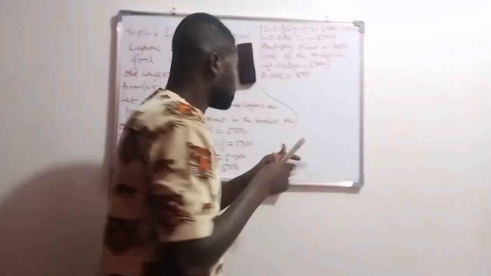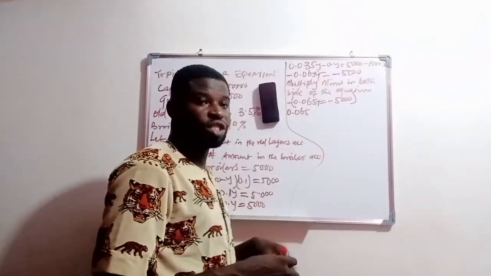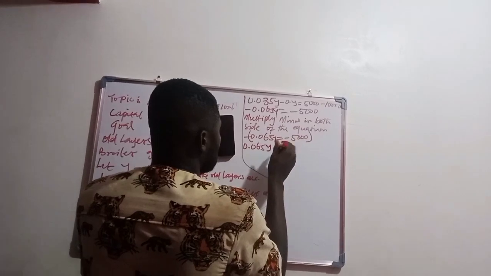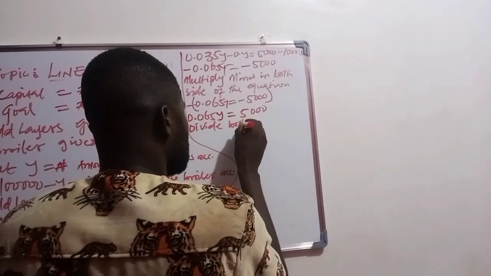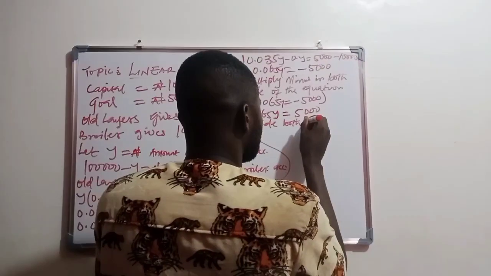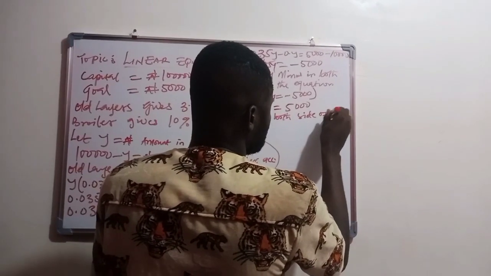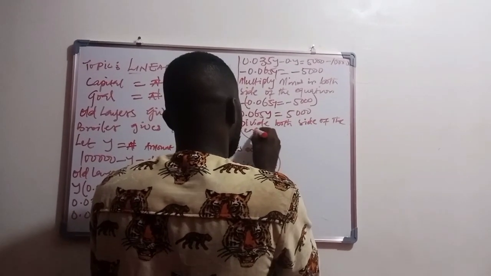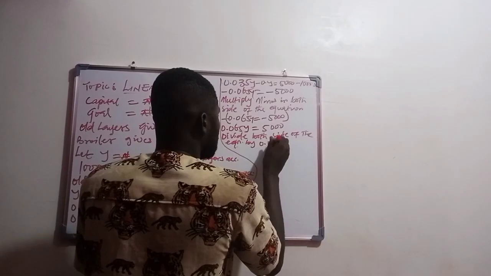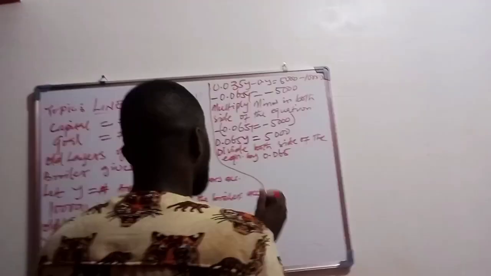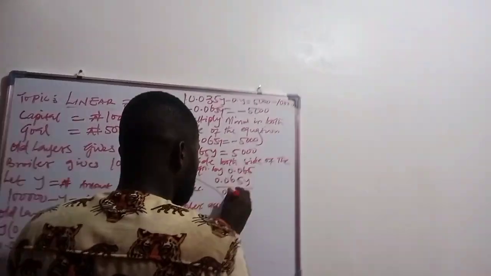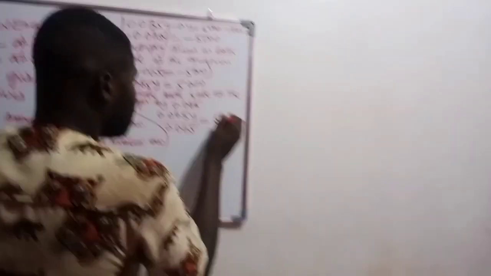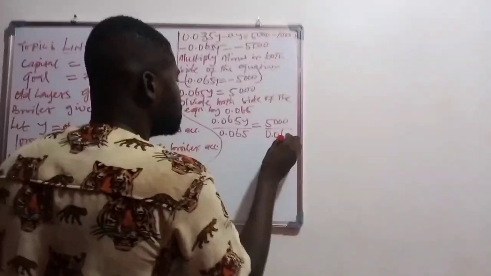So we have 0.065y equal to 5,000. Now we divide both sides of the equation by 0.065: 0.065y over 0.065 equal to 5,000 divided by 0.065.